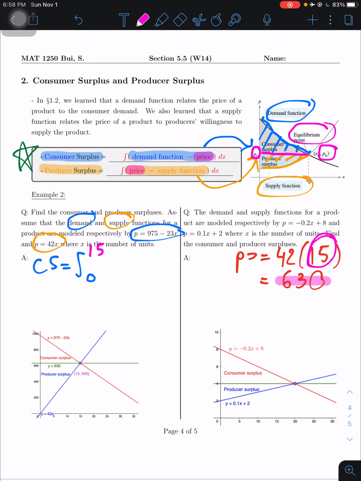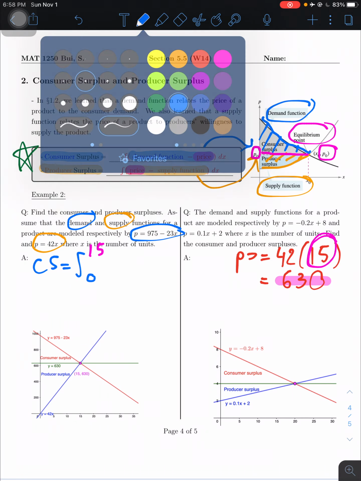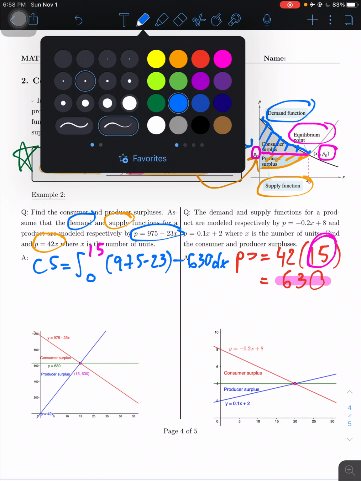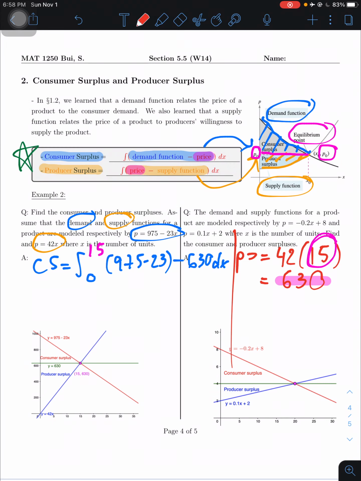Okay, so demand function, what is the demand function? It is 975 minus 23x in parentheses because they're coming as a group, and minus the price, which is 630, and dx, right? And then let me put a wall to separate these.